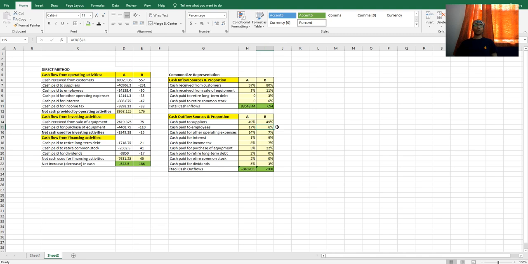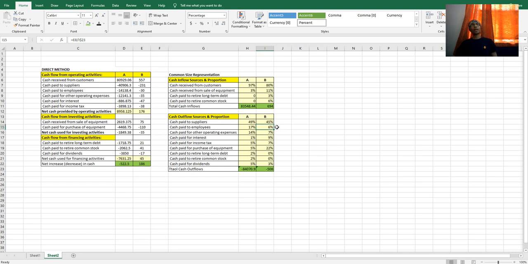Cash paid to retire long-term debt and common stock is 2%, 2% for A, while for B this is basically in the inflow. They have taken debt and they have issued stock. Cash paid for dividends, A has paid more, B has paid less, 5% and 3% respectively.